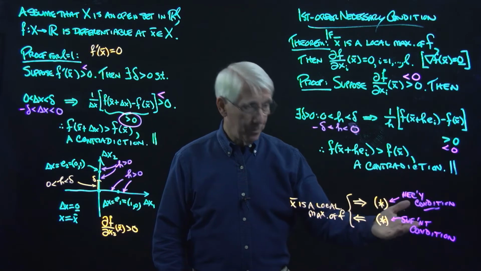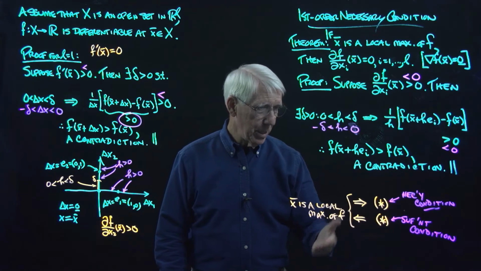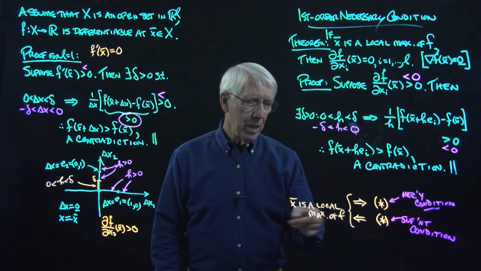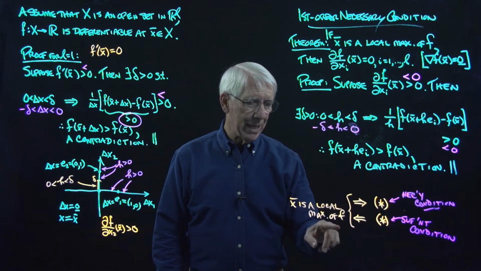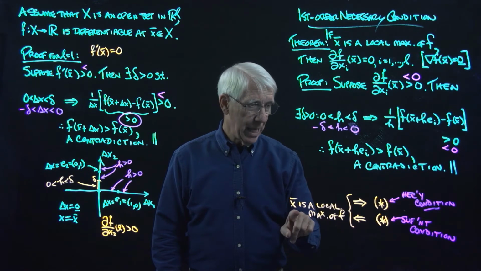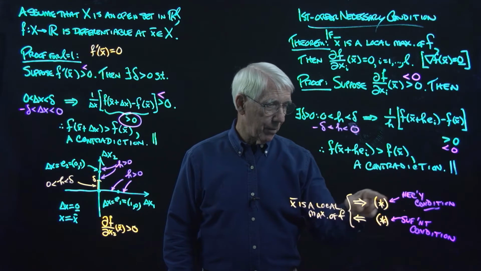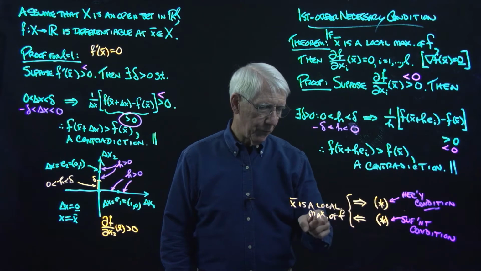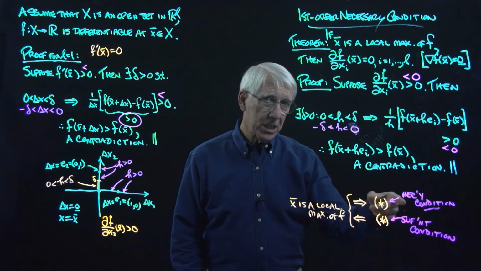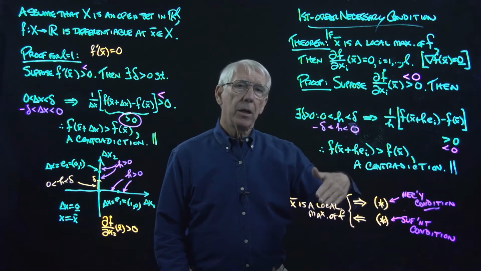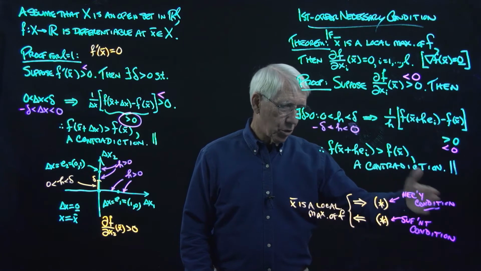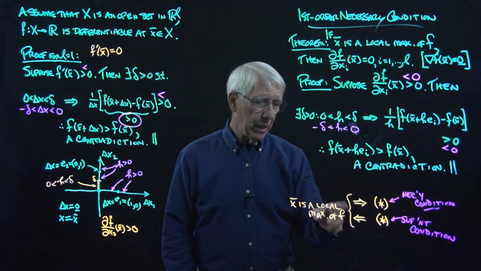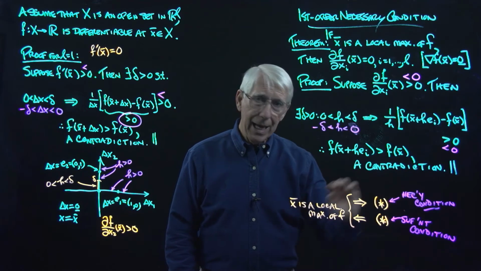Not that sufficient conditions aren't important for many purposes too, but it's very often the case that we assume that a decision maker is maximizing some objective function, and then we infer from that whatever the necessary conditions are that follow from that, and those necessary conditions enable us to describe or characterize different features of the decision maker's behavior.